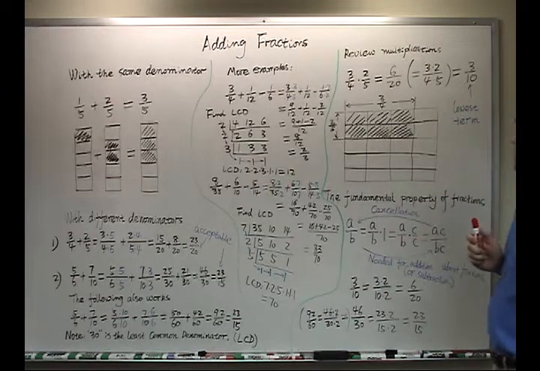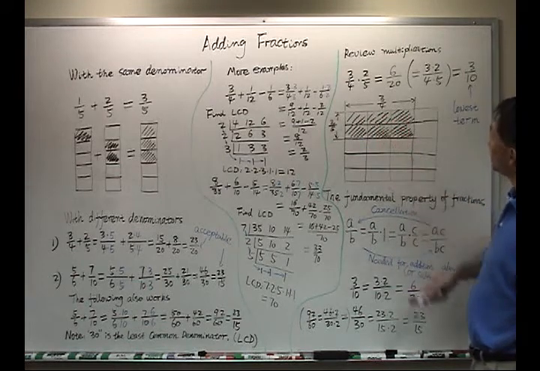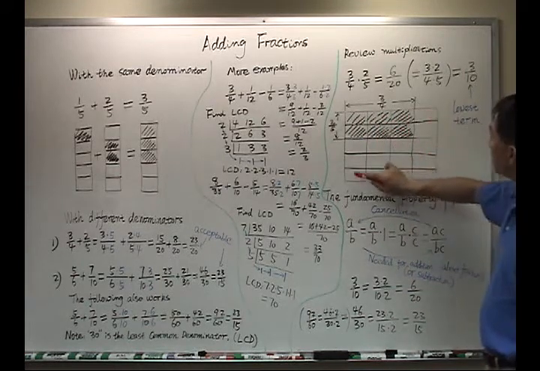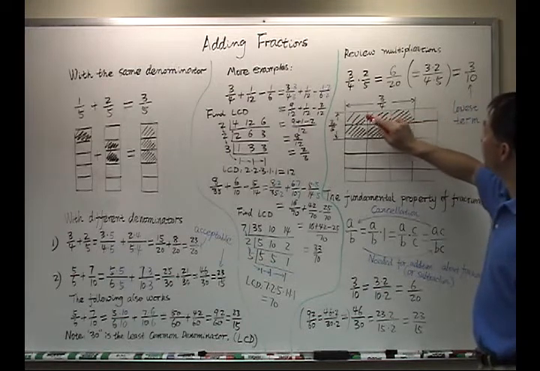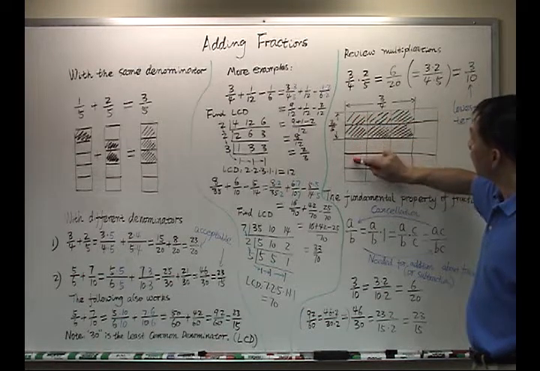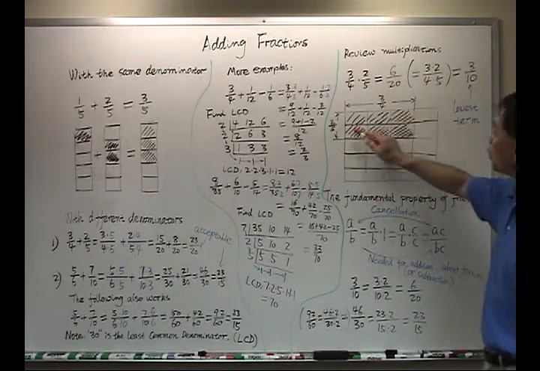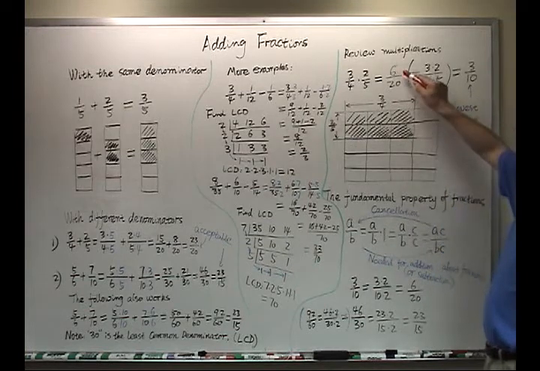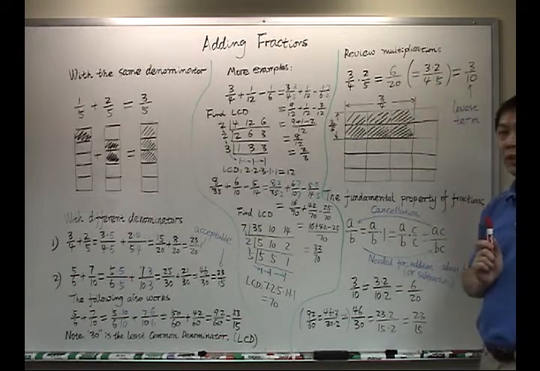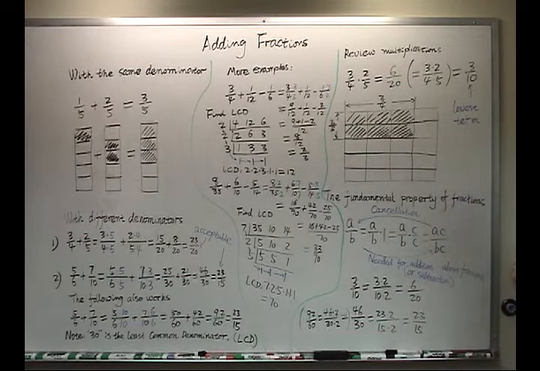Now, 6 boxes out of how many boxes? The total is 20. You see 1, 2, 3, 4 and 1, 2, 3, 4, 5. So 4 times 5, we have in total 20 boxes. So basically the answer is 6 over 20, 6/20.